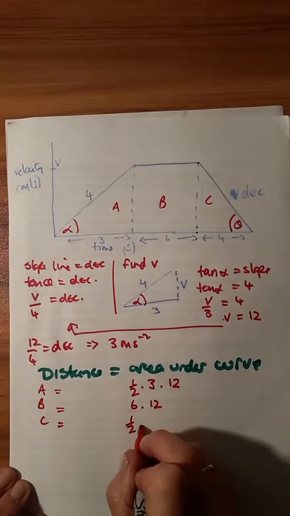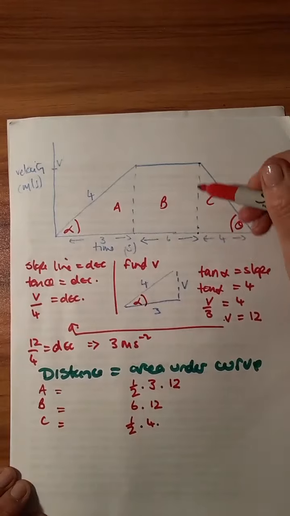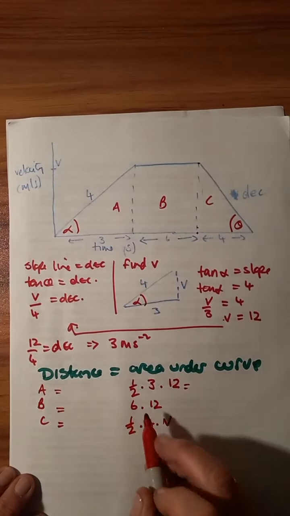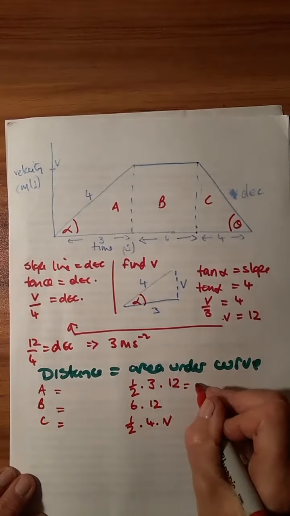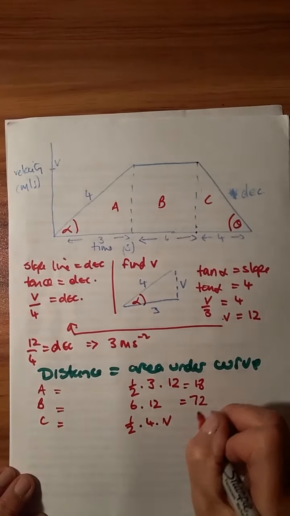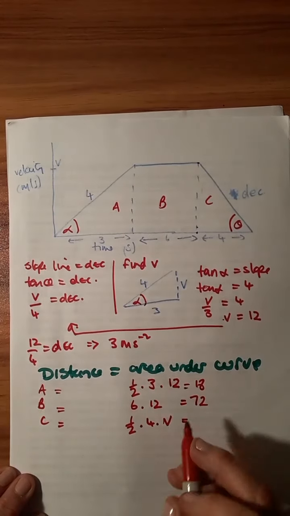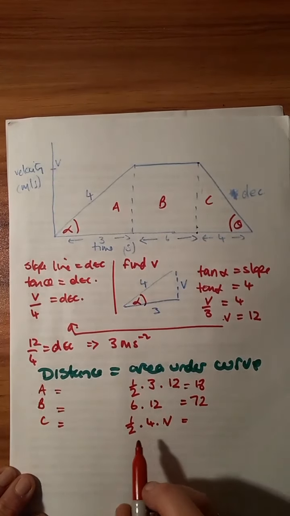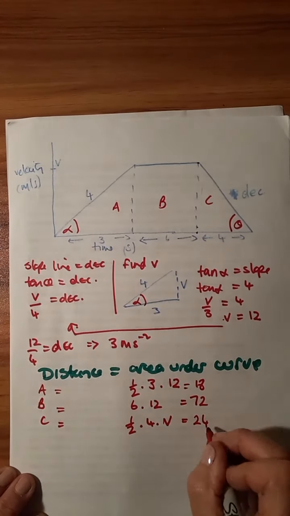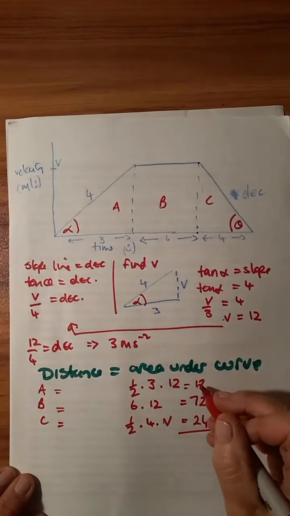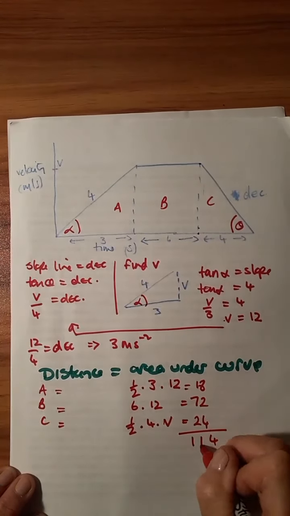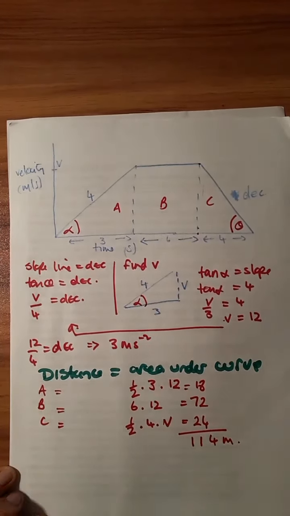So it's half the base, which is 4, by the perpendicular height, which of course is V. So this gives me 2 into 12 goes 6, 3 sixes are 18. 6 twelves are 72. And this of course I said was 12, wasn't it? That V is 12. So 2 into 4 will go twice, 2 twelves are 24, and I'll add all that together. 8, 2, 10, 4 is 14, carry 1, 3, 10 and 1 is 11, and that will give me 114 metres.